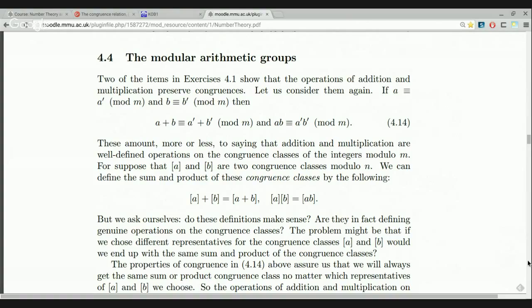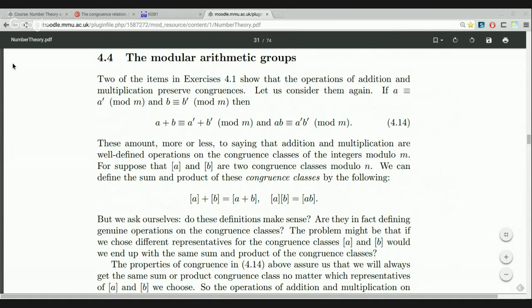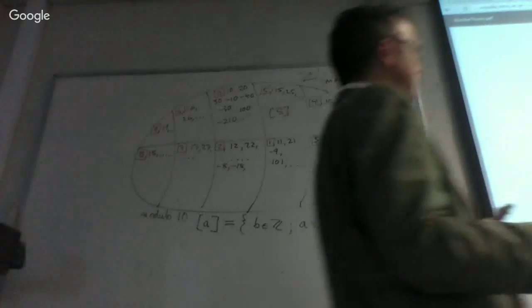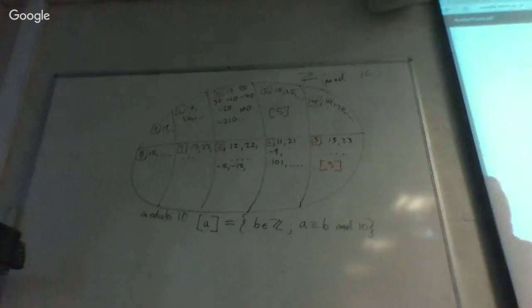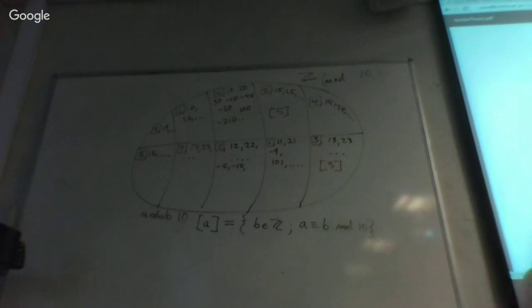Now, what the results of the last set of exercises showed us was that we can actually think of the operations of addition and multiplication now as acting on, not on individual integers, but acting on the congruence classes.